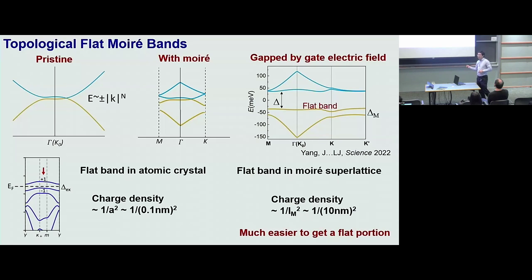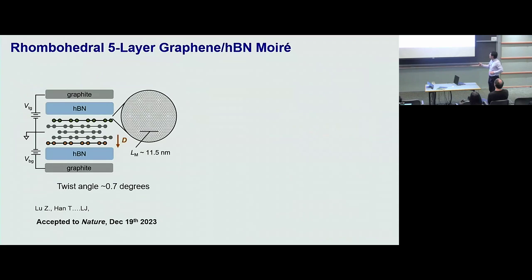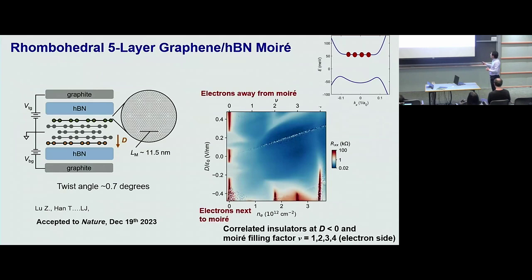Okay, so this is a naive picture, and the experiment we did was, as shown here. We have the Moiré between the topmost layer of graphene and the top hBN, and on the other side we have some angle that allows us to forget about the Moiré effect on this side. And experimentally, you can create a flat band by opening up the gap. Now you have two options.